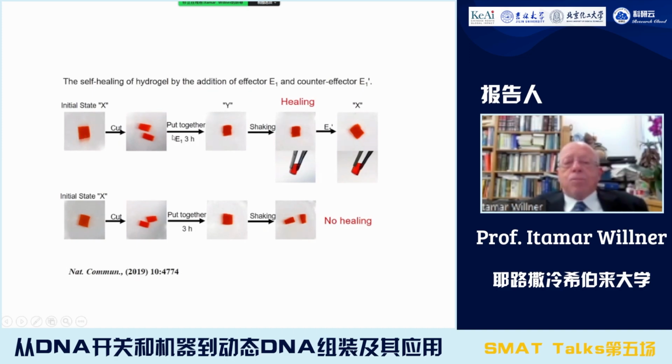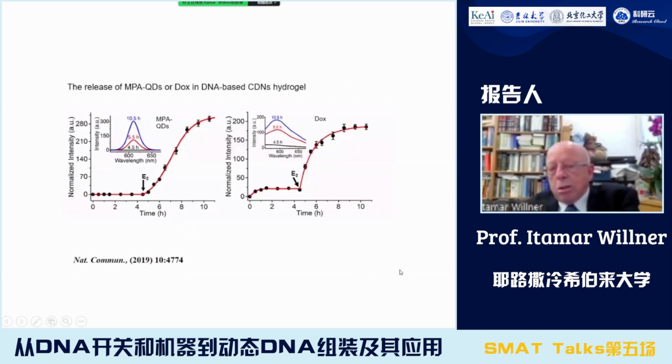You can see that when we apply the trigger to make it stiff, we make the hydrogel smaller, but now, after a certain time interval of 3 hours, we see a self-healed hydrogel. The two pieces got together and got healed. On the other hand, if we don't apply this trigger E1, we remain with a medium stiff hydrogel, and when we shake it, you see a non-healed hydrogel.